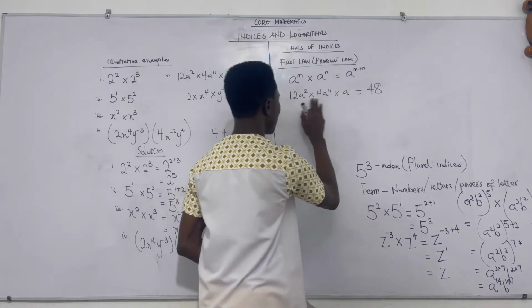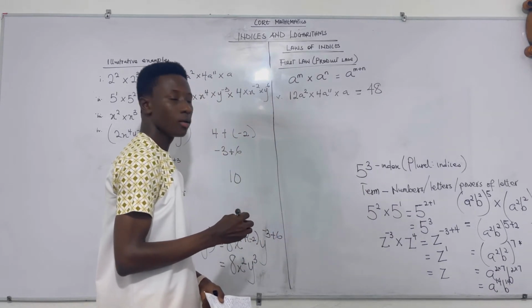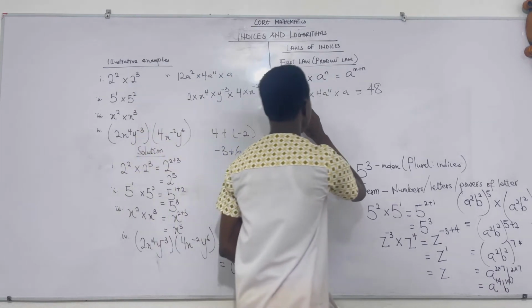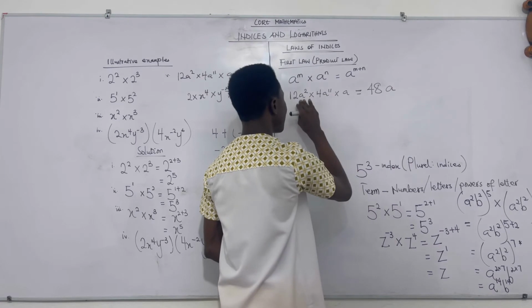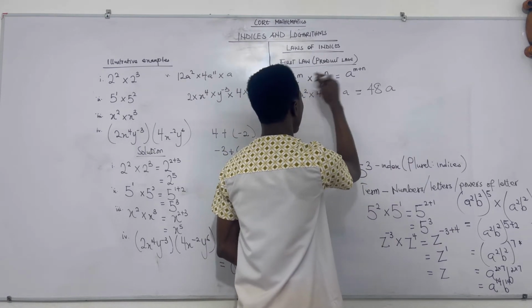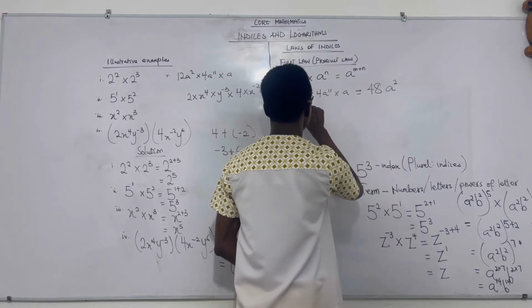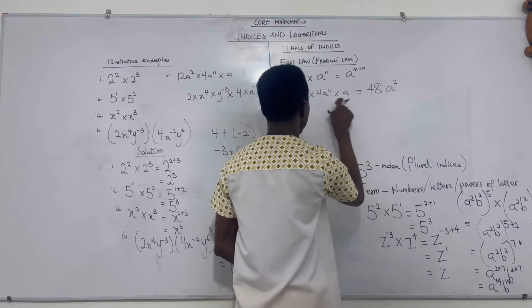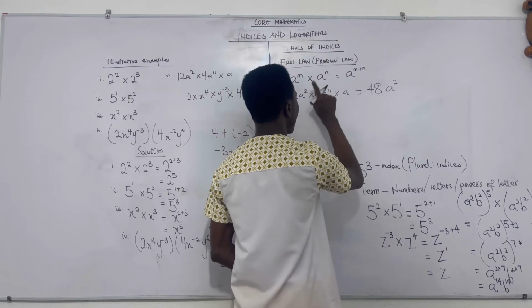The numbers available are 12 and 4. And then the letter is a running all through. So I'll pick one, and since everything is about multiplication, I would add the powers. The rule says if the bases are the same, here is a all through, and they are multiplying, then add the powers.